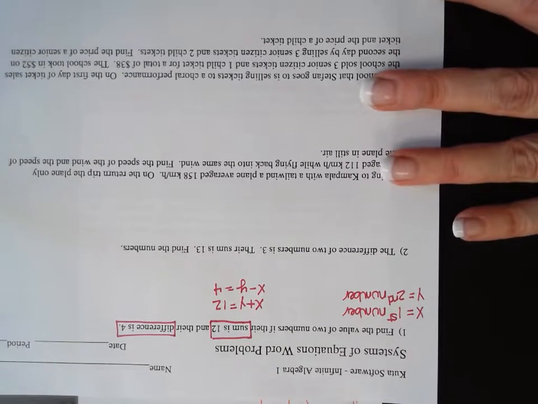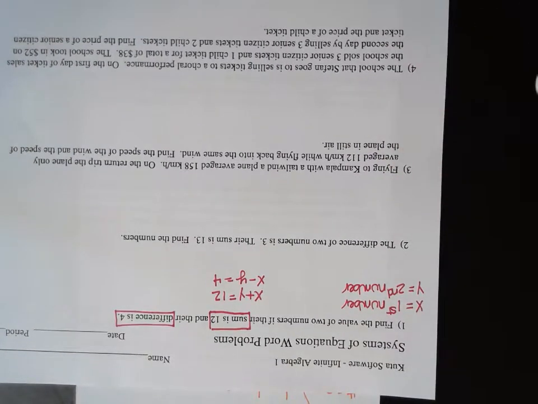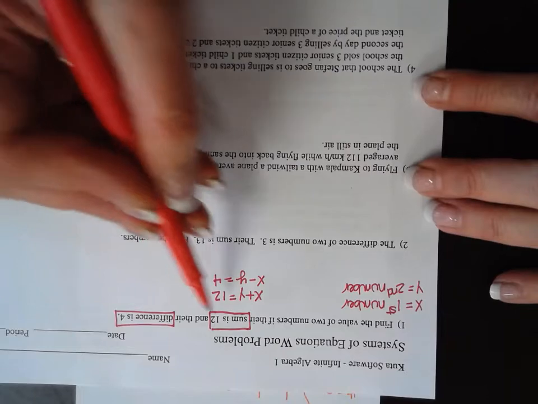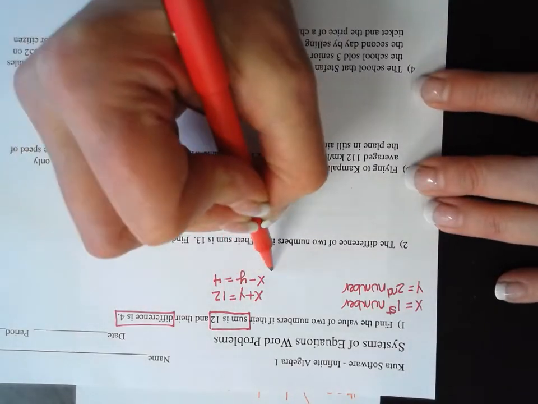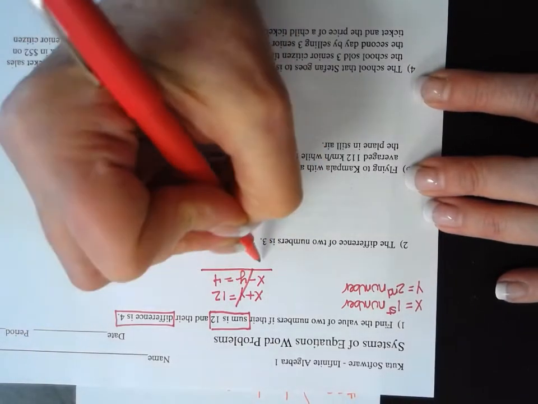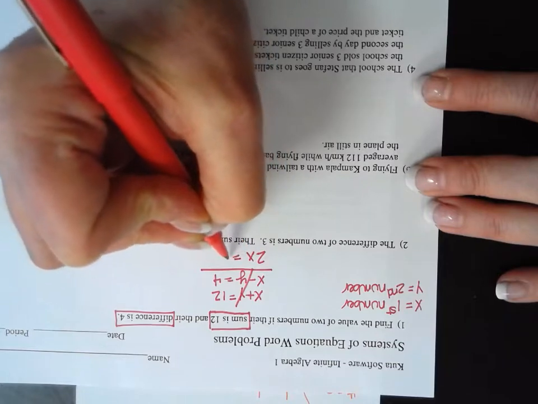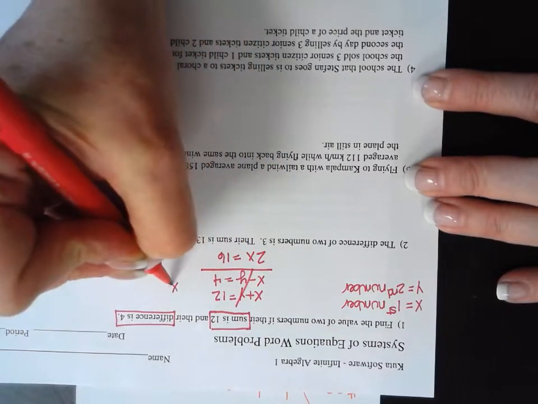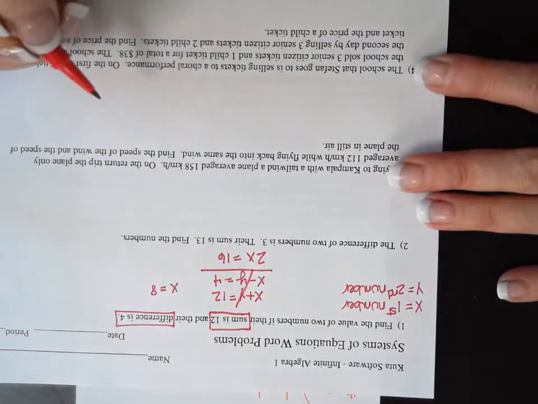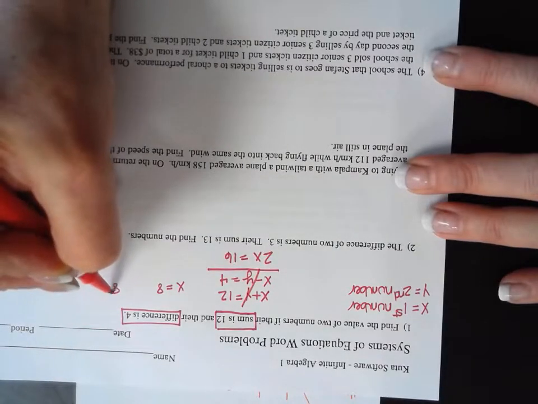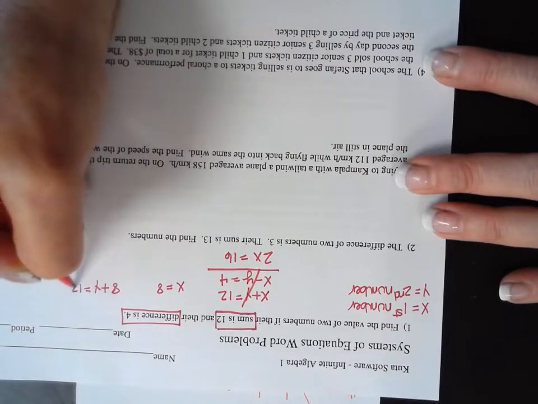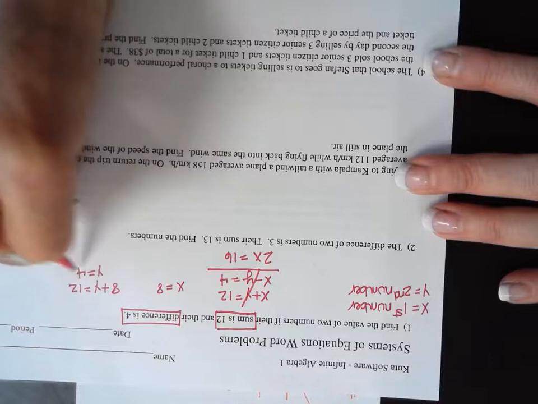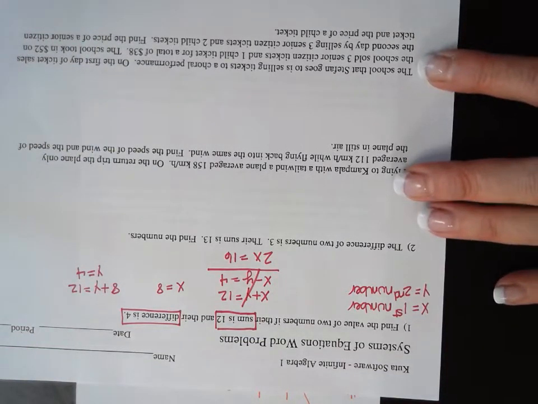I thought I'd throw you a softball to get our brains warmed up. And not only is the setup easy, but it's all simplified already, so all I have to do is cancel my y's, and so that makes x 8. And when I put it back into the equation, I find that y is 4.